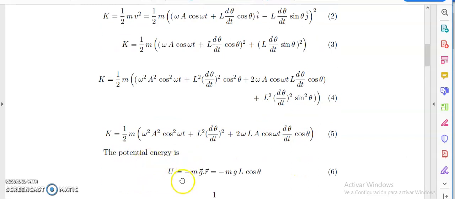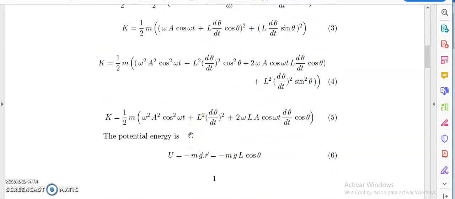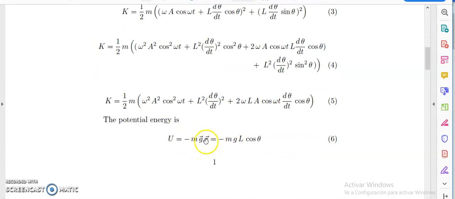The potential energy is minus m times the gravity times the position vector. The gravity is along the vertical, and this is a scalar product, so just the term in the vertical remains, and we get minus m g L cos theta, where g is the acceleration of gravity.